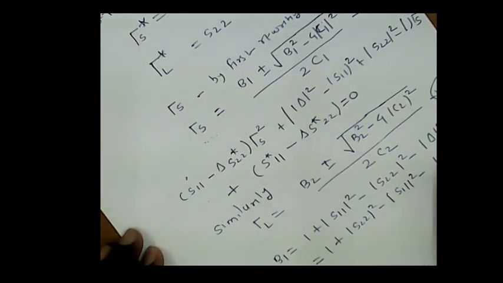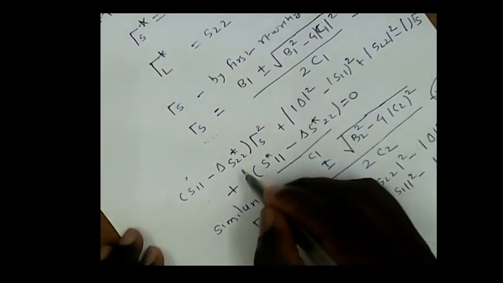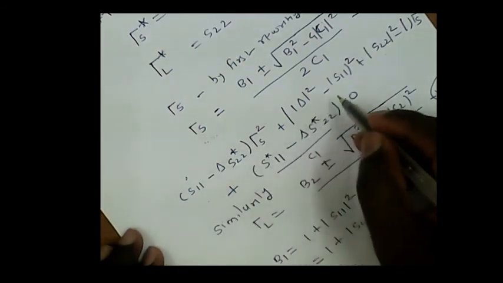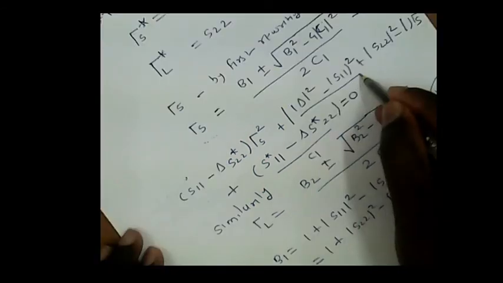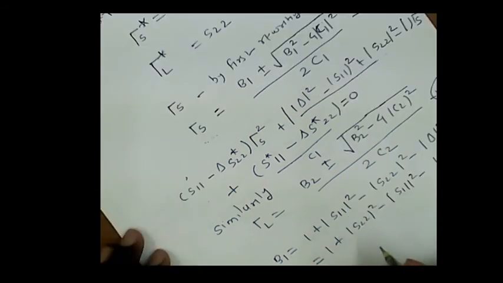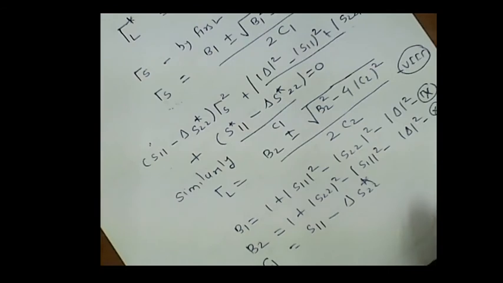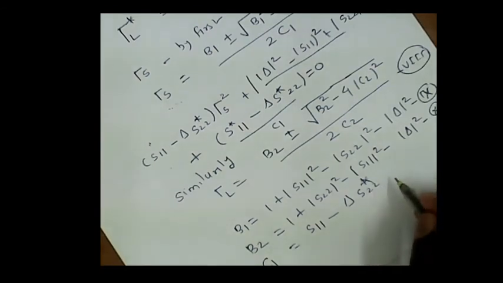This is equation number 10. Similarly, to find C1, and this is your B1, C1 is equal to S11 minus delta S22 star. This is equation number 11.